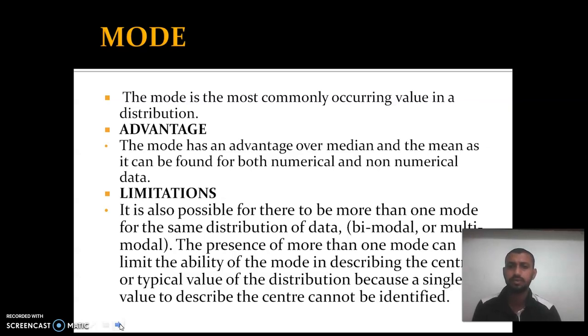It is also possible for there to be more than one mode for the same distribution of data, bimodal or multimodal. The presence of more than one mode can limit the ability of mode in describing the center or typical value of distribution, because a single value to describe the center cannot be identified.